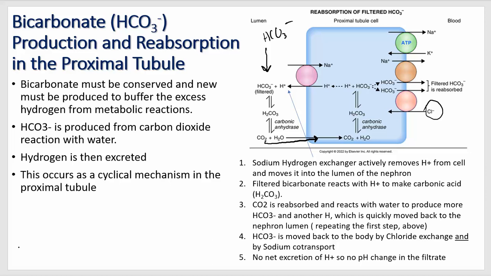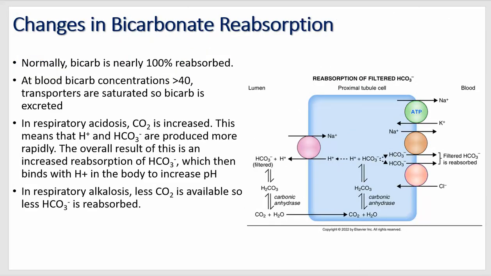So this is a cycle that keeps going around. That hydrogen is using bicarbonate that was in the filtrate, and ultimately that bicarbonate is used up in this equation. But the whole point is to make more bicarbonate to pull back into the body, so we don't lose what's in the filtrate.